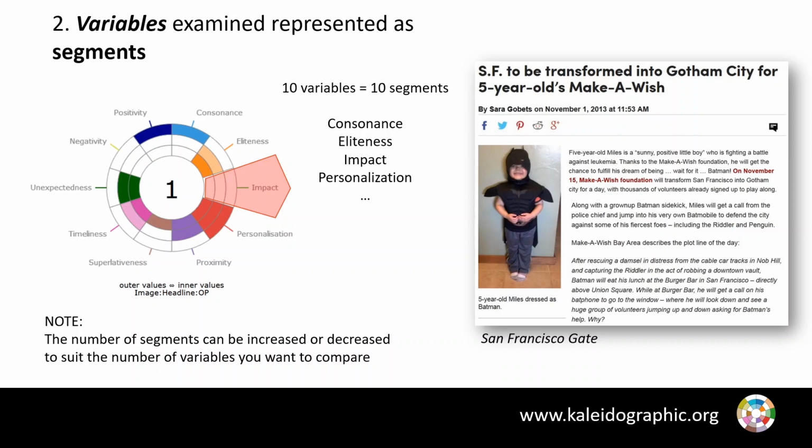And so each segment represents one of these news values. And so we have 10 segments in this particular visualization. And again, the number of segments can be increased or decreased to suit the number of variables that you want to compare. So again, that aspect is customizable as well.